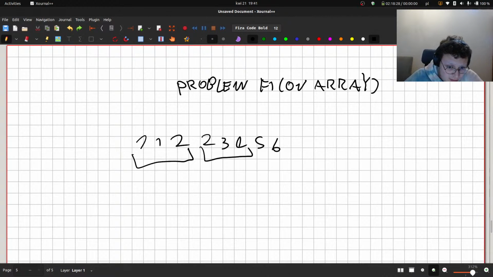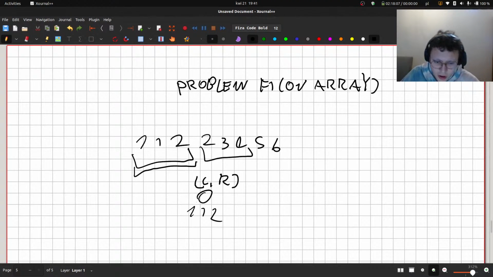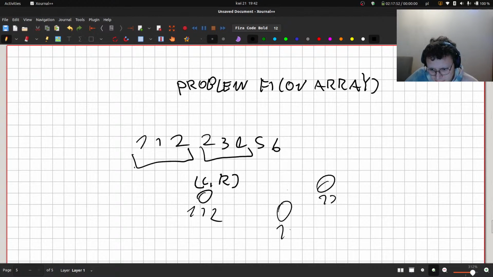So what we could do is a merge sort tree on the interval. In a node that contains interval LR, we will have the sorted values on this interval. Then if we have nodes that correspond to this interval, let's say we have some node that has 1, some node that has 1, 2, and here we can have something like this.